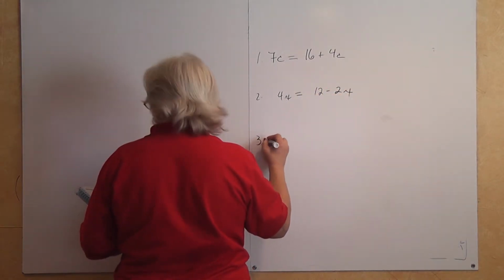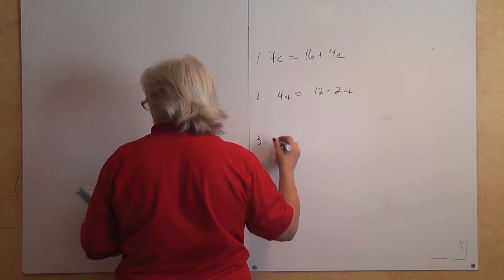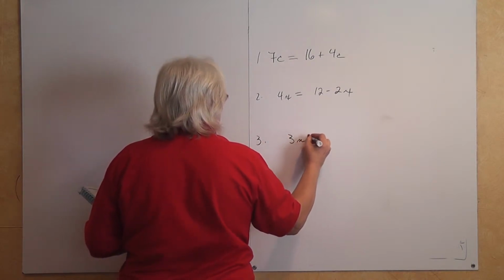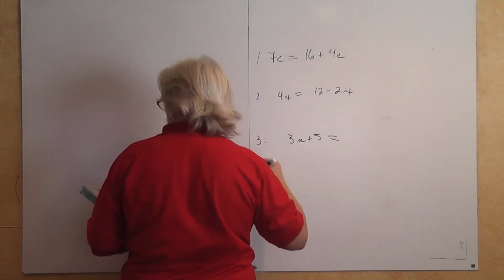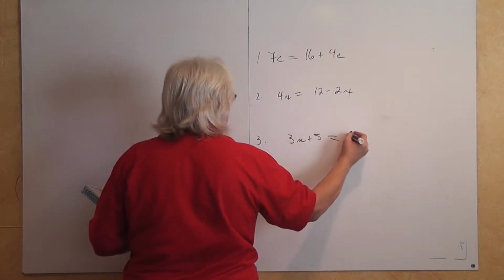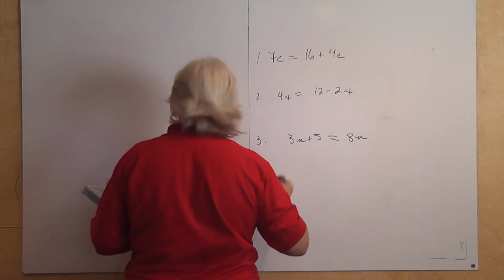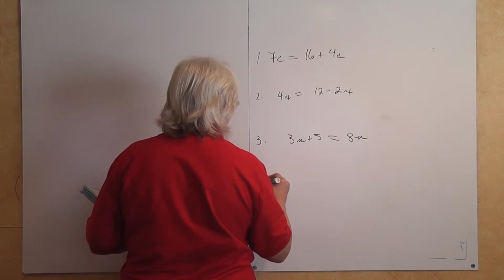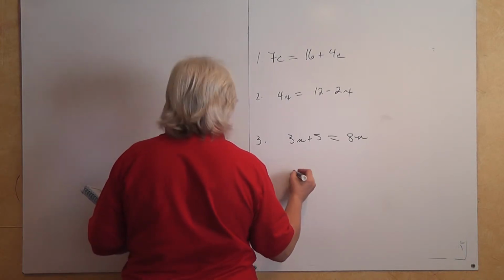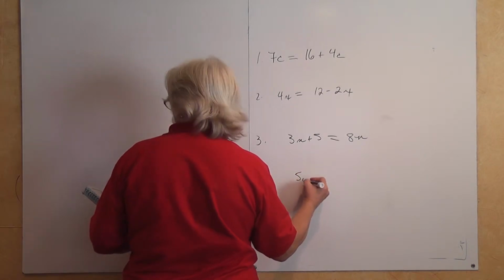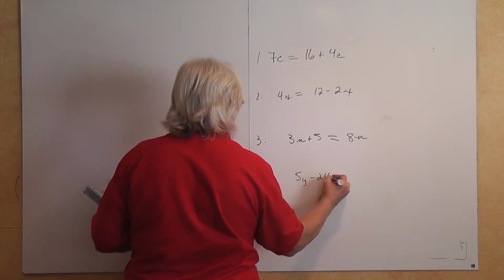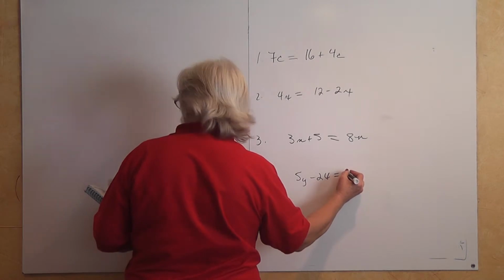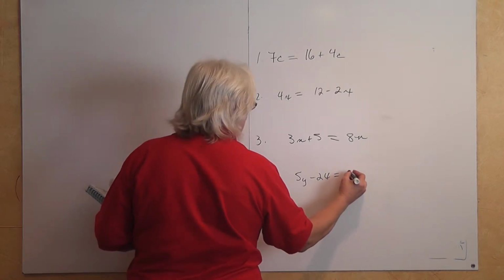Next, I have 3n plus 5 is equal to 8n, and 4, I have 5y minus 24 is equal to 9y.